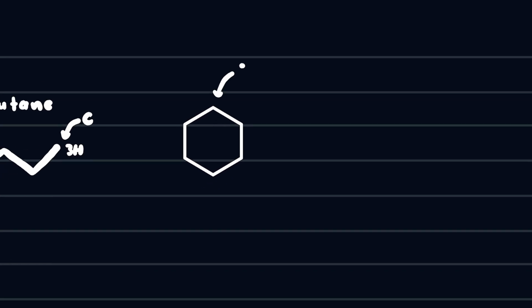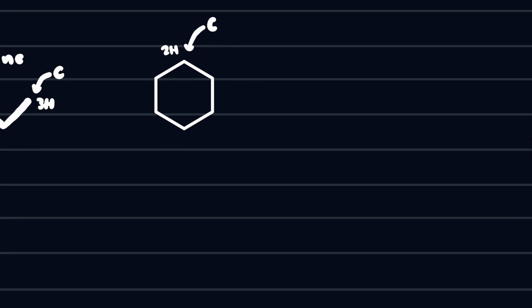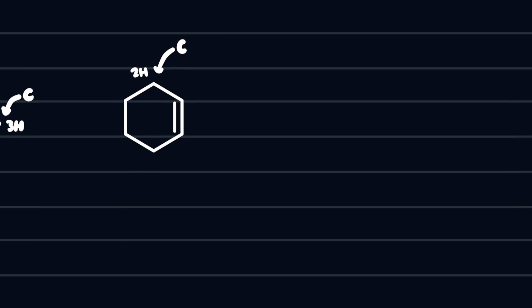Let's do this carbon. If it has two bonds with two other carbons, then that means it must be bonded to two hydrogens implicitly. Now, what if I add a double bond right here? We haven't learned about alkenes much, but this will help with bond line structure. Well, you count the alkene as a bond itself.